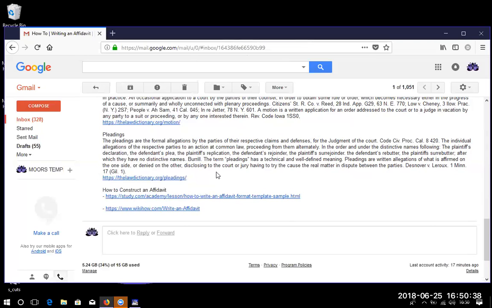The individual allegations of the respective parties to an action at common law proceed alternately in the order and under the distinctive names following: the plaintiff's declaration, the defendant's plea, the plaintiff's replication, the defendant's rejoinder, the defendant's surrejoinder, the defendant's rebutter, the plaintiff's surrebutter, after which they have no distinctive names.